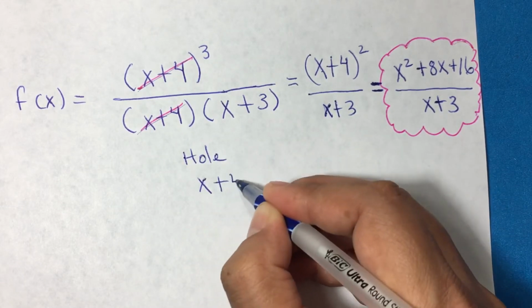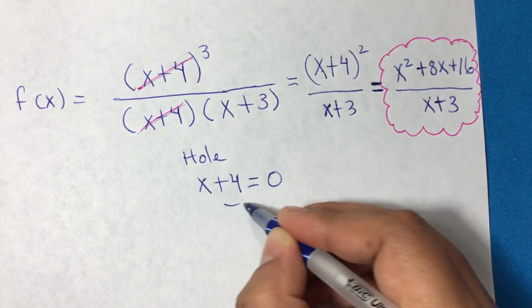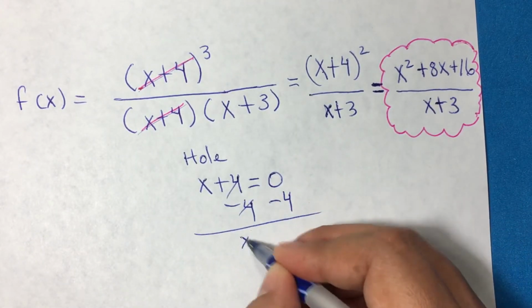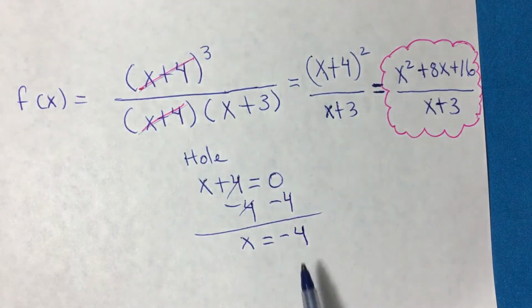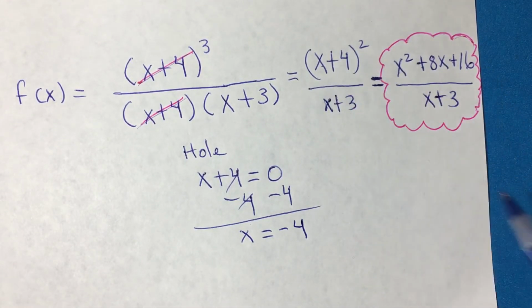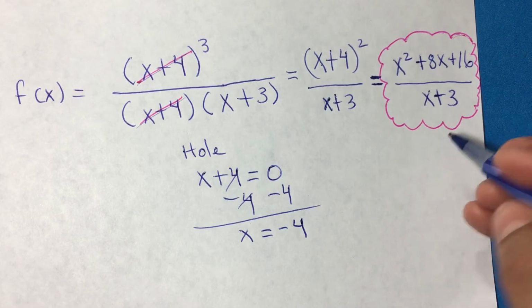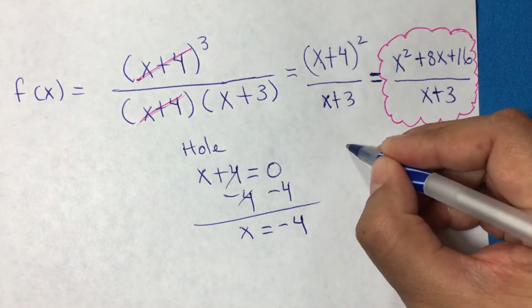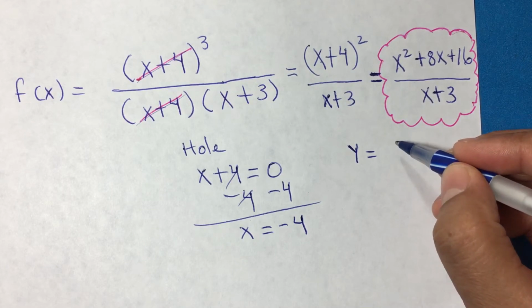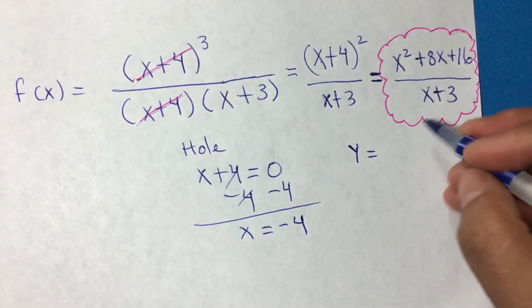So x plus 4 equals 0. We subtract 4 from both sides, and x is -4. Then we're going to substitute this in the simplified form, and you can use this one or this one, whichever one, to find the value of y.